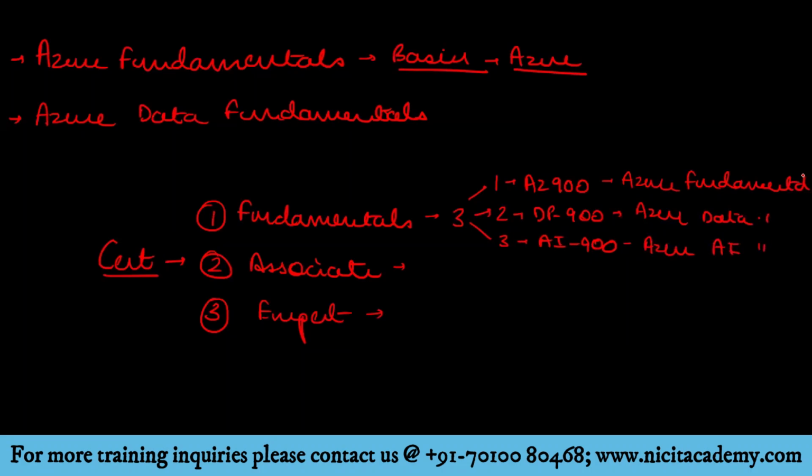As the name suggests, AZ 900 covers everything basic about Azure. For example, those of you who worked with AWS or any other cloud service provider would know that in AWS you have cloud practitioner, and in GCP also you have some fundamental level certifications. Similarly, Azure offers these three certifications that you as an individual or user can apply for.